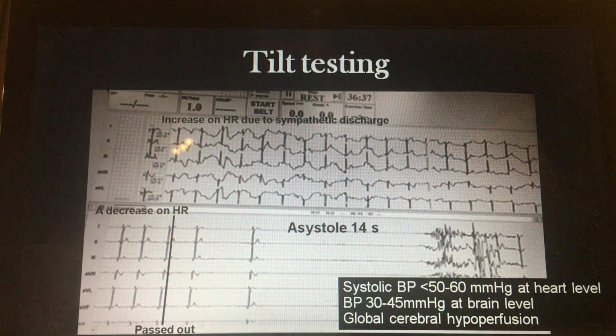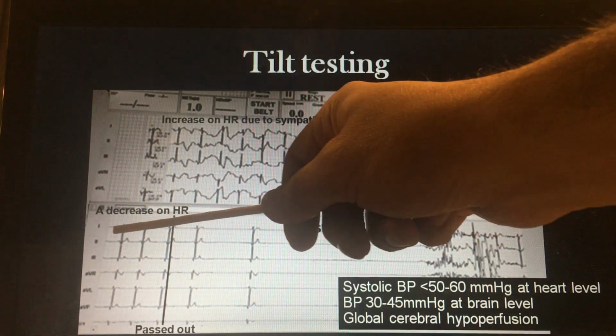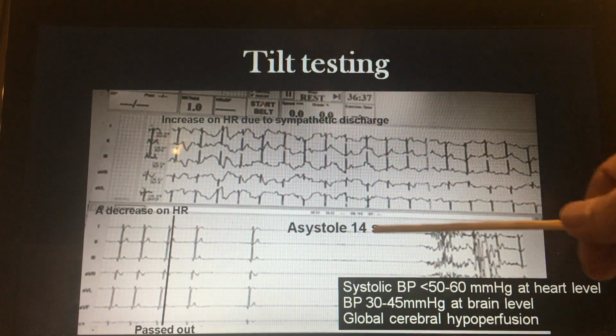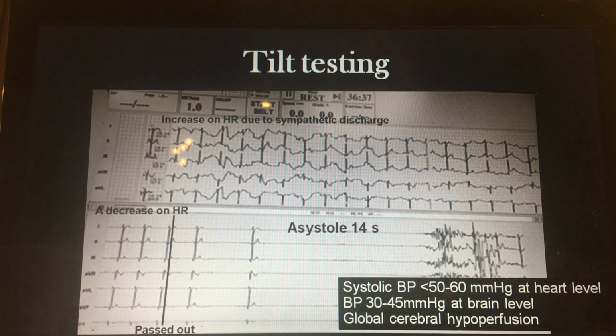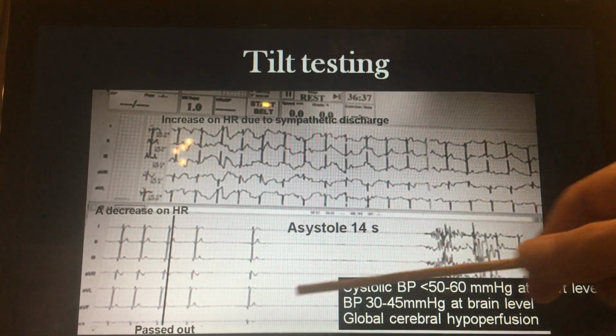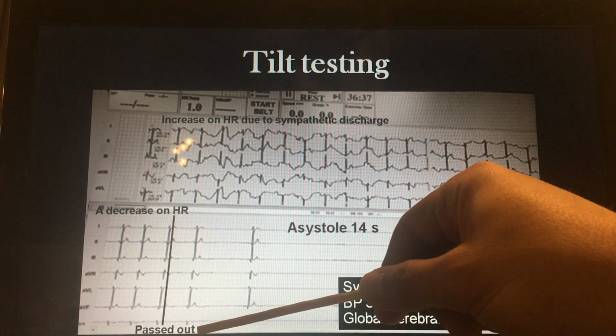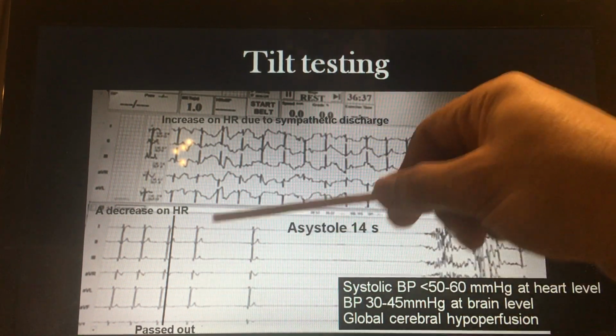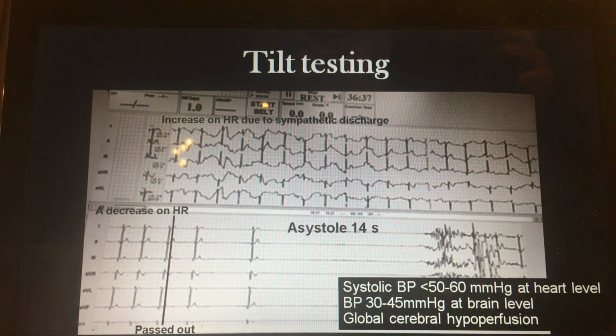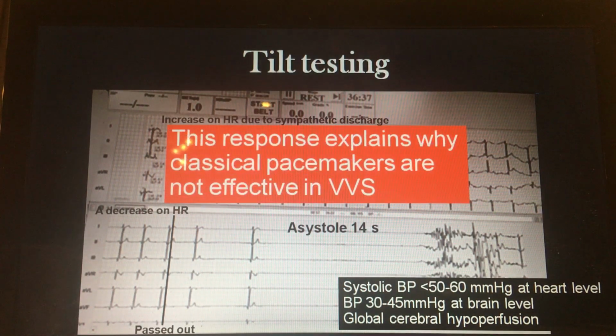At the beginning of the test, you can see an increase in heart rate due to sympathetic discharge, and then there is a stepwise decrease in heart rate, and finally a 14-second asystole. If you look here, the syncope episode was seen before occurrence of significant bradycardia or asystole, and I think that this response may explain why classical pacemakers or even rate drop response pacemakers are not effective in some vasovagal syncope cases.